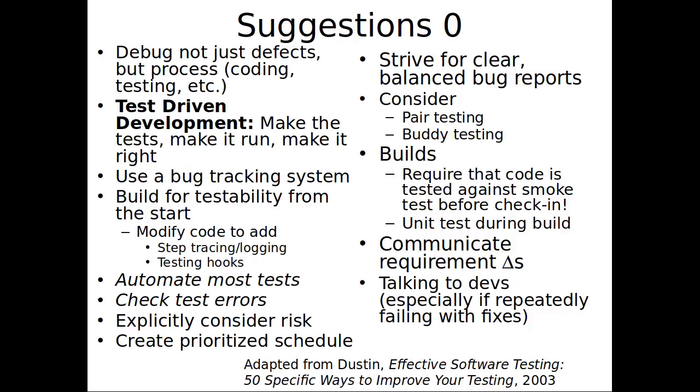Okay, so some suggestions. I'm going to whip through these because some of them you will have seen previously. One of the most important, though, it's hard to imagine repeating it too much within this term, is when you're debugging, when you are finding problems and removing them, you need to be thinking about removing not just problems in the code base, but problems in the process.